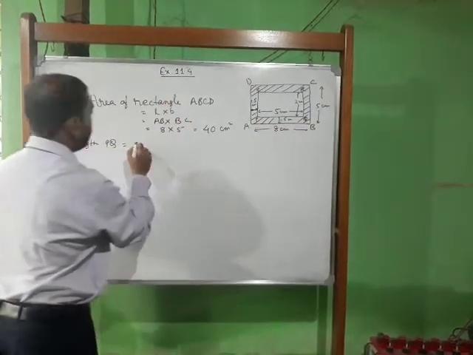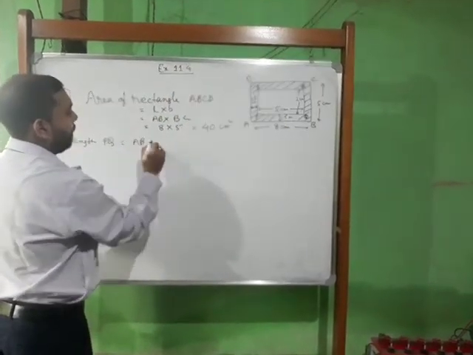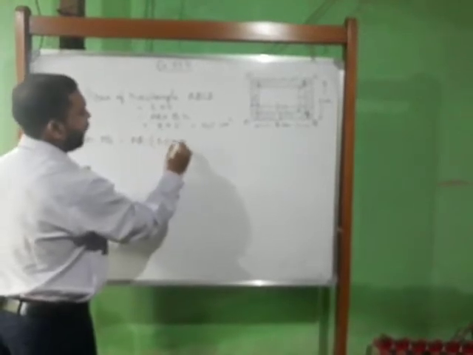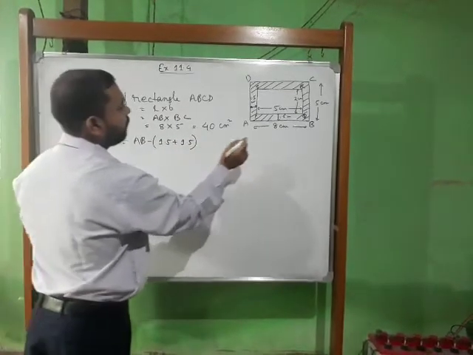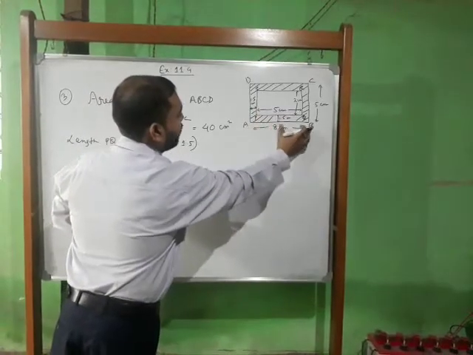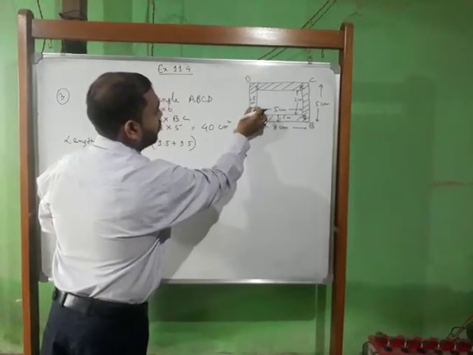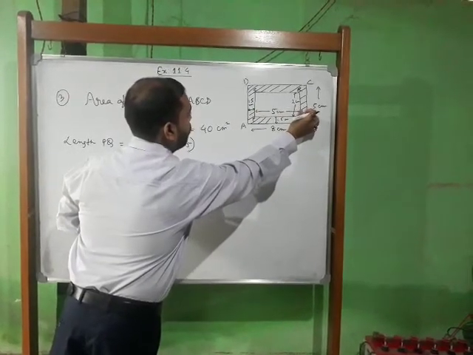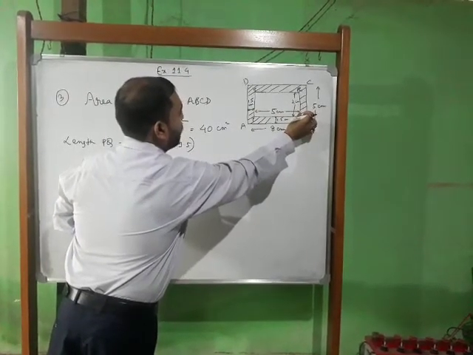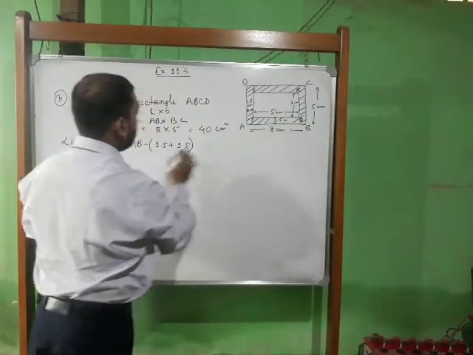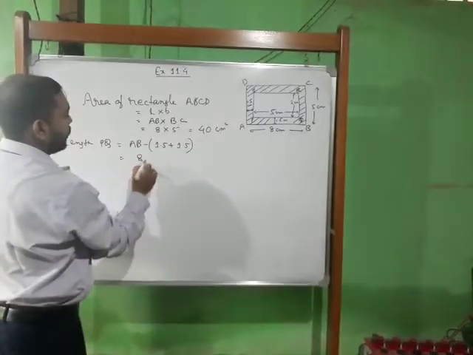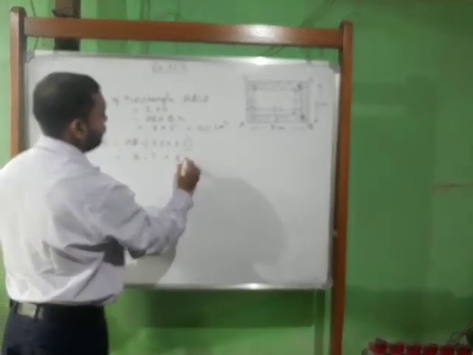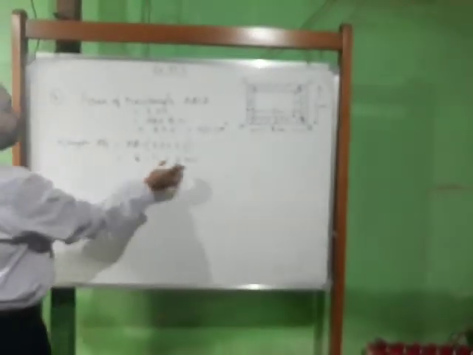So AB minus 1.5 plus 1.5. AB is 8 centimeter and on this side the width is 1.5 centimeter, and again here 1.5 centimeter. So 1.5 plus 1.5 is 3 centimeter. If I subtract 8 minus 3, it will be 5 centimeter. So PQ will be 5 centimeter.